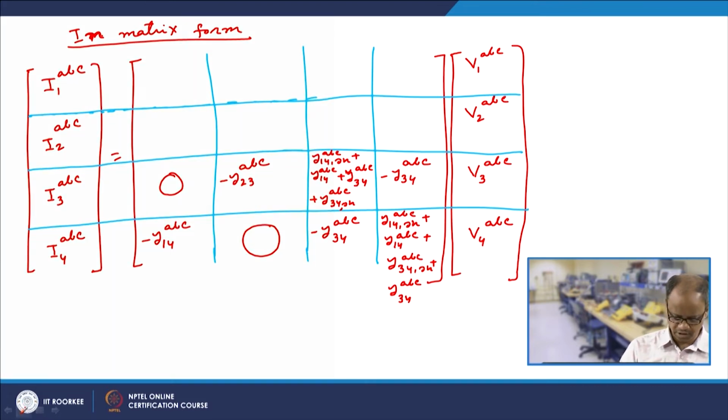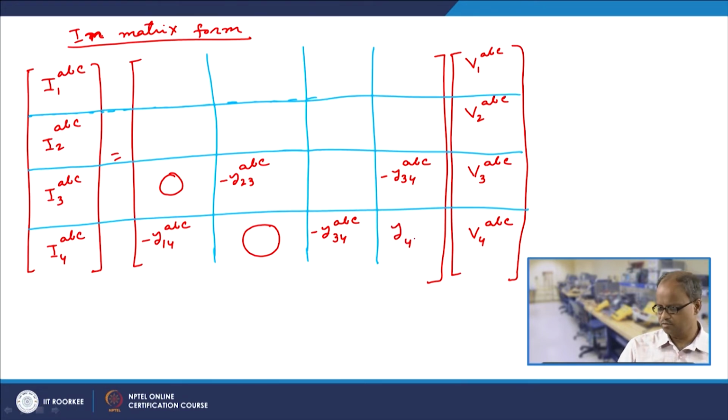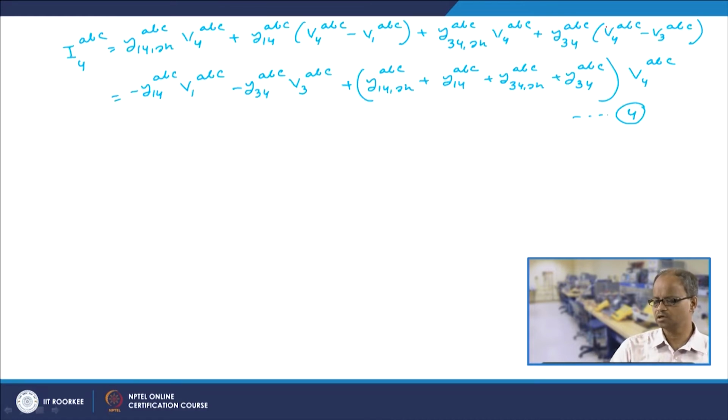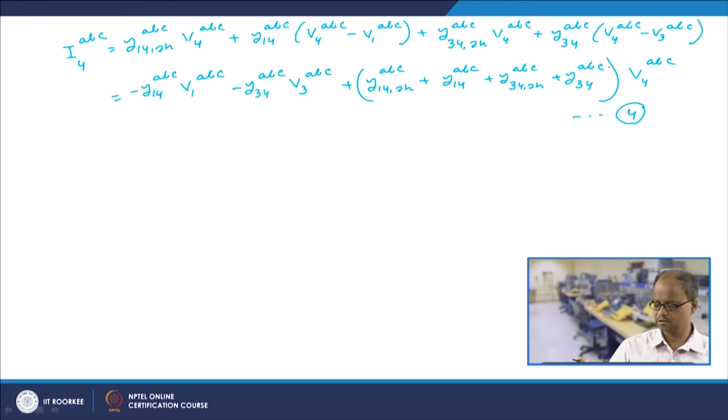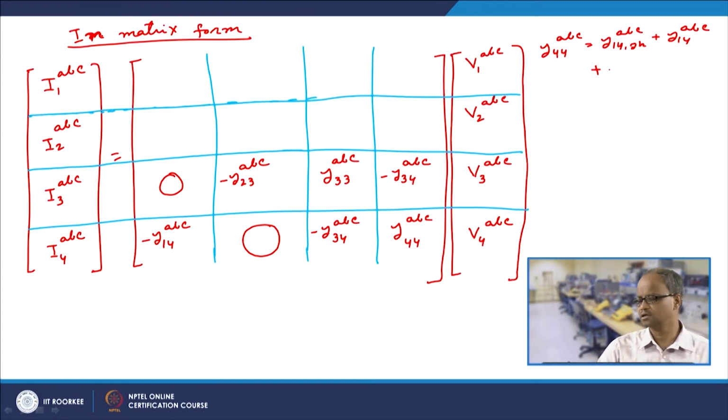In fact, to make it a little neater, we can write y44 ABC and y33 ABC, where y44 ABC is essentially y14 shunt ABC plus y14 ABC plus y34 shunt ABC plus y34 ABC.